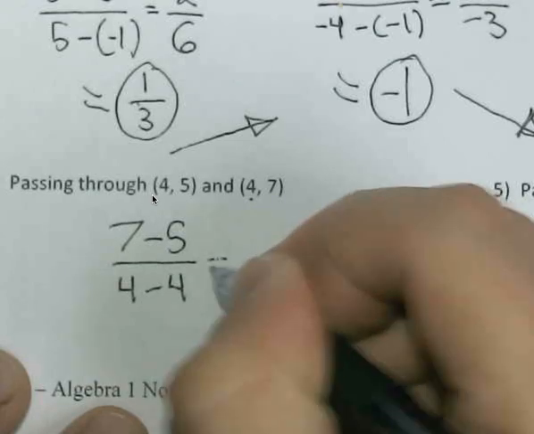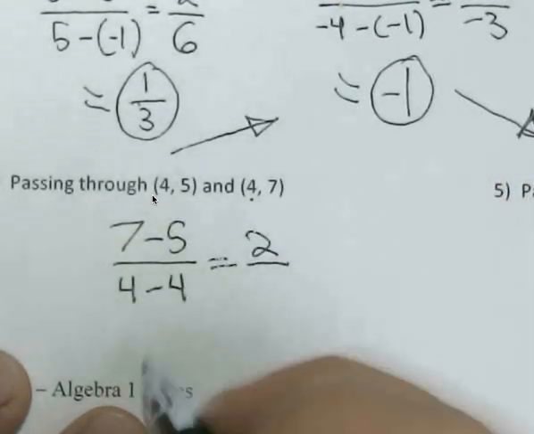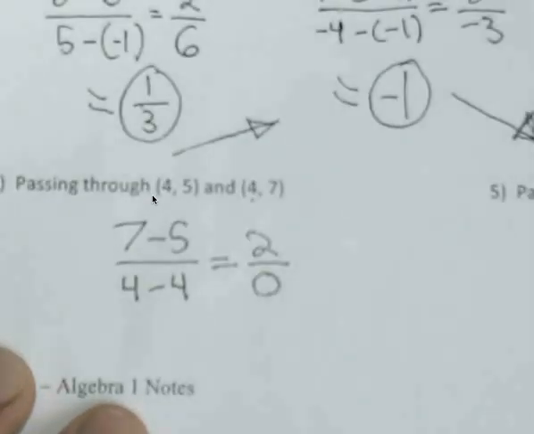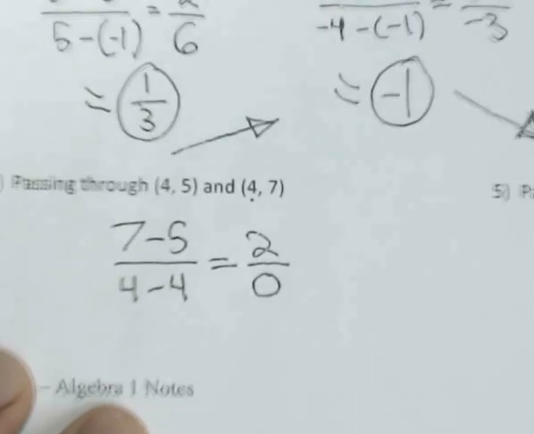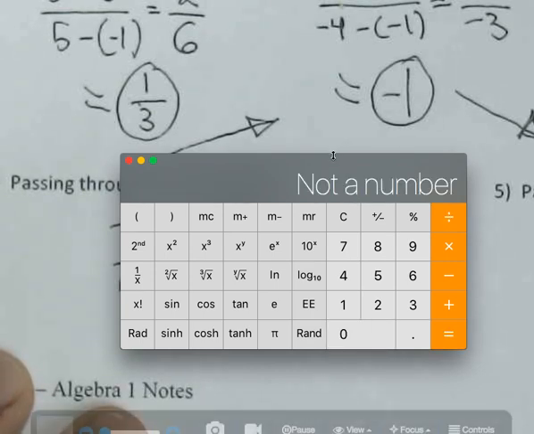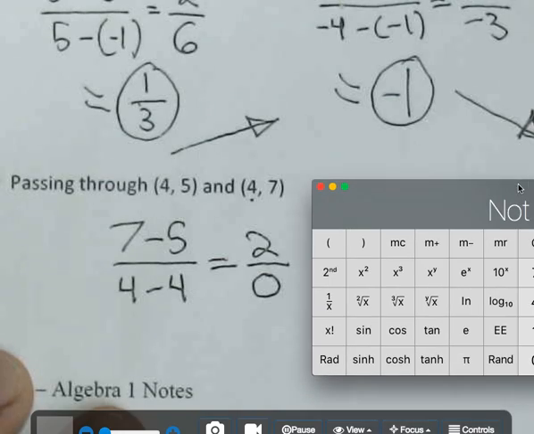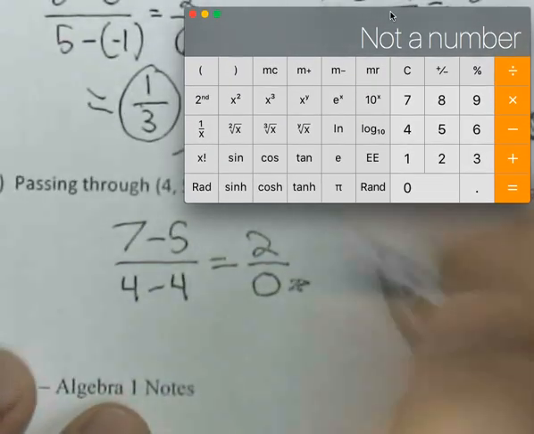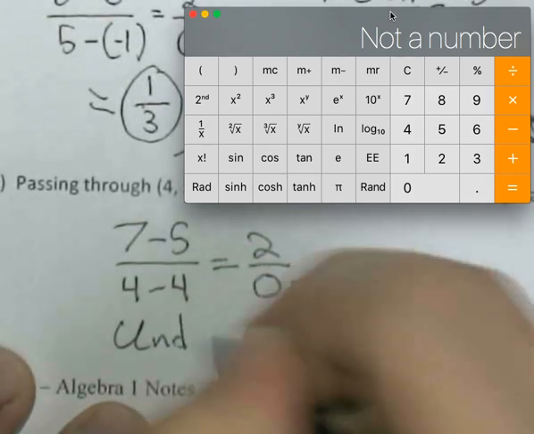You should notice that 7 minus 5 gets you 2, no matter what, but 4 minus 4, that gets you 0. And if you try to simplify this further on a calculator, 2 dividing by 0, you get that this is not a number. So what this means, if you ever have to divide by 0, is that this is an undefined slope.